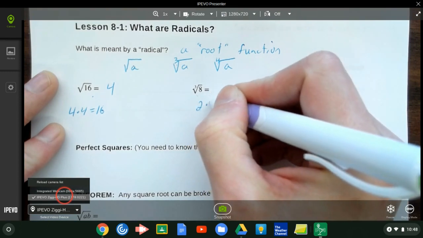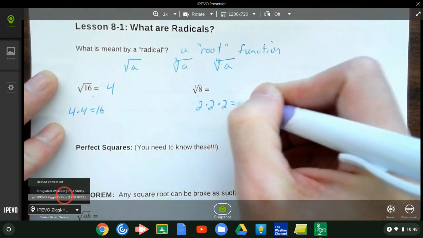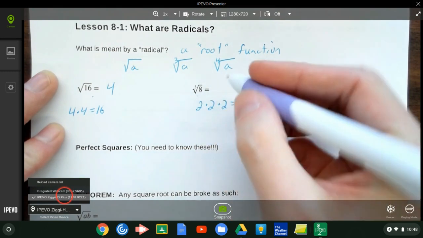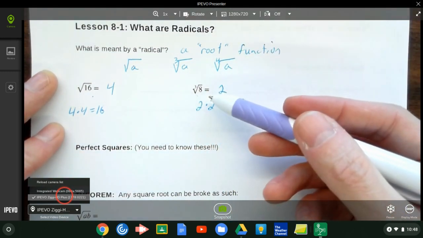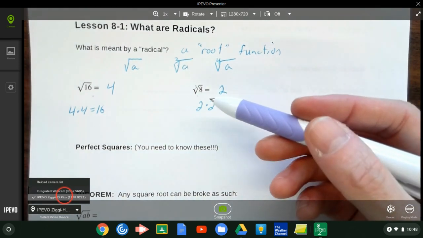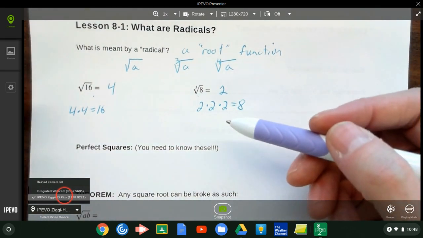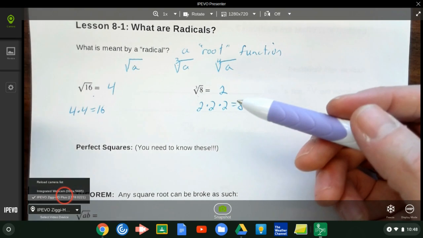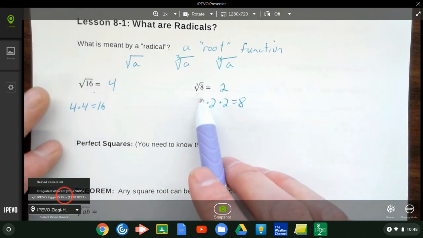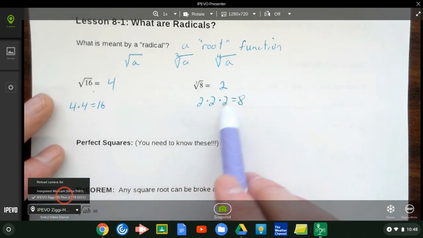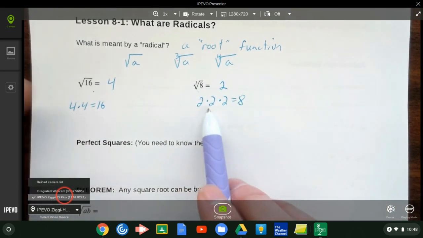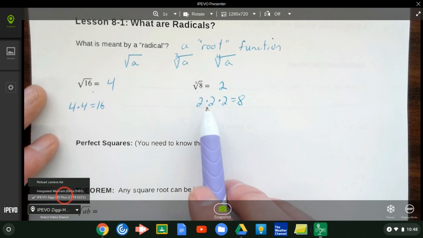Well, 2 times 2 times 2 is 8, so the cube root of 8 is 2. I'll be honest, I don't know most cube roots. I know the cube root of 8 is 2, the cube root of 27 is 3. Beyond that, I don't know them. But it is something to think about. You may see cube roots or fourth roots that are bigger, so just come up with some numbers that might work. It takes a little guess and check sometimes.